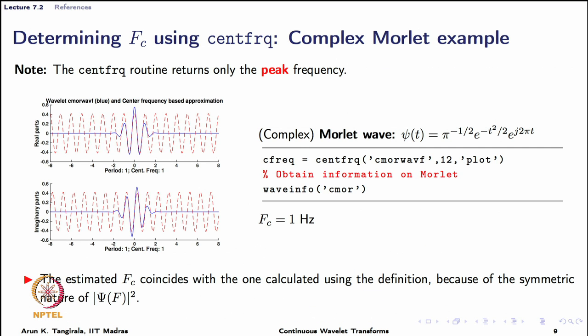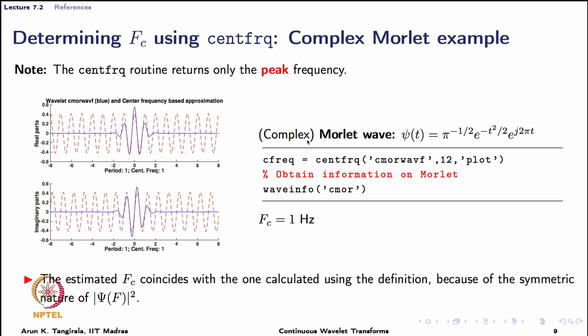I want to conclude this lecture with a demonstration of this CENTFRQ routine that comes with the wavelet toolbox in MATLAB, and I am using the release 2014B of MATLAB and the wavelet toolbox. Upfront, I want to caution you that this CENTFRQ unfortunately returns only the peak frequency, which we have been saying is not the correct way of determining the center frequency, unless the energy spectral density is symmetric.